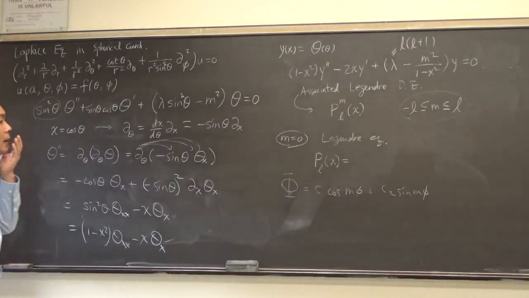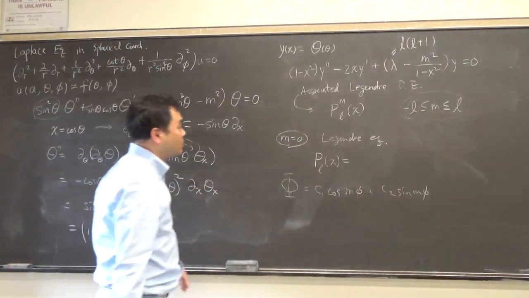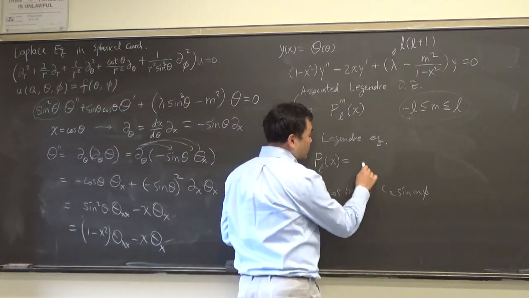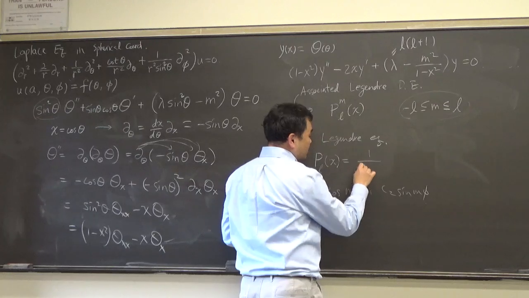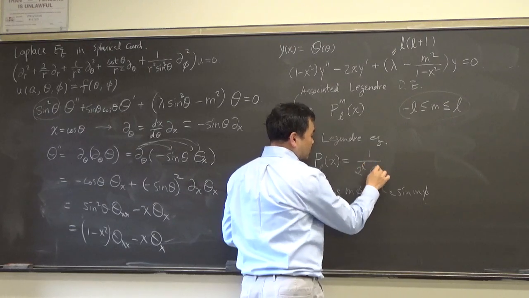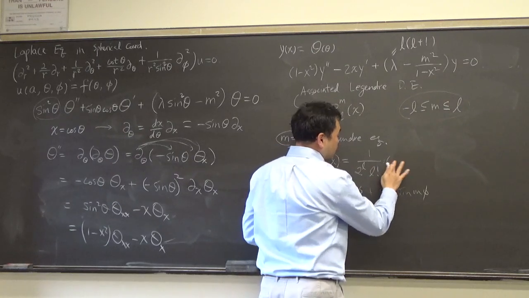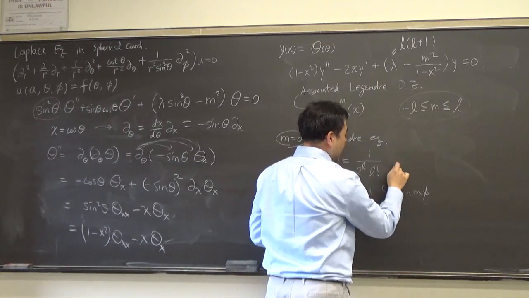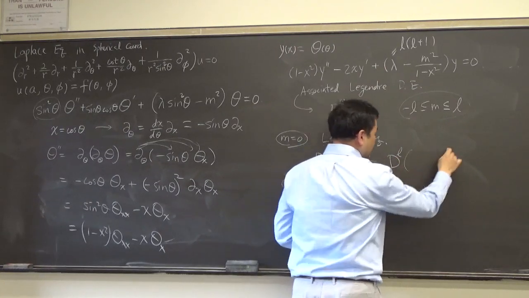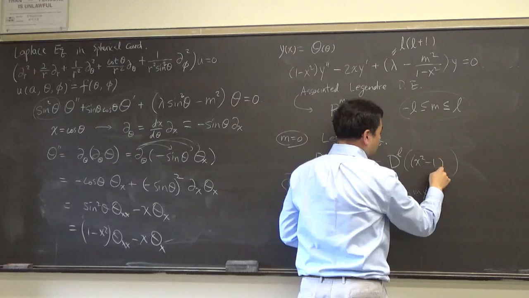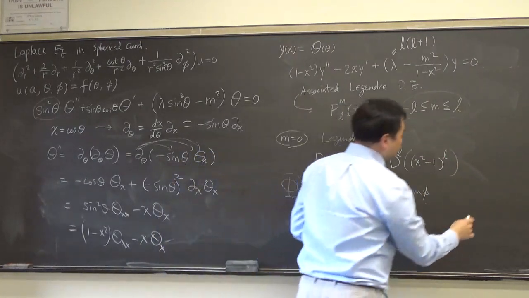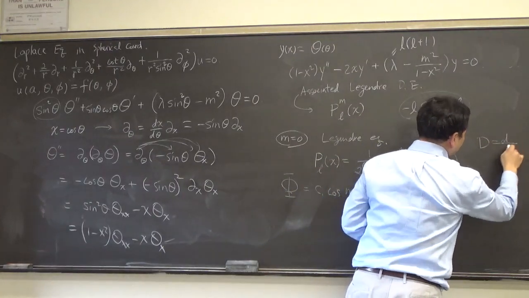and there are formulas for this. The formulas are, let's see, this should be 1 over 2 to the L, L factorial, D^L of x squared minus 1 to the Lth power, where D is differentiation by x.